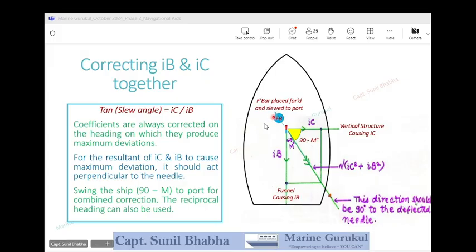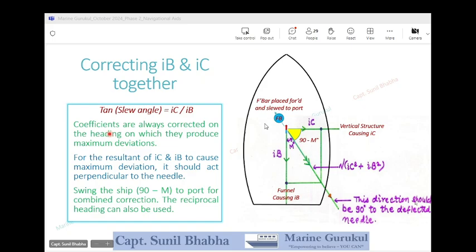So opposite to the resultant, we place the flinder bar somewhere here in this direction. The length of the flinder bar is decided by the magnitude of the resultant, and the slew angle is this angle M, calculated using the formula tan of slew angle is equal to IC upon IB.